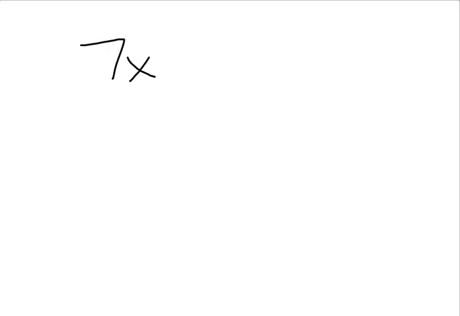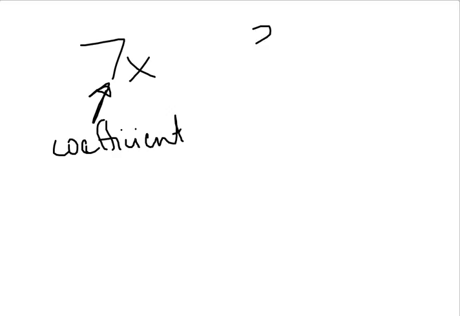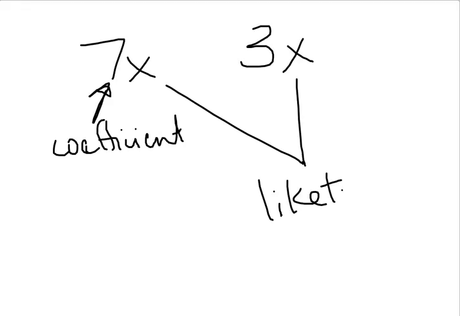Let's look at the monomial 7x. Well, 7 is the coefficient of x. And hopefully you guys remember that, but it's the coefficient of x. So 7 is the coefficient when we have 7x. And if I have 7x and 3x, these are like terms because they have the same variable, just perhaps different coefficients.